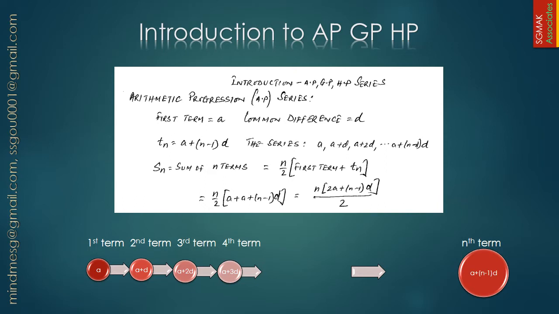S sub n is the sum of n terms. The best way to remember it is the number of terms divided by 2, multiplied by the first term plus the nth term. Or the average of the first and nth term multiplied by the number of terms. That comes to n over 2, within the bracket, 2 times the first term plus (n minus 1) times d.